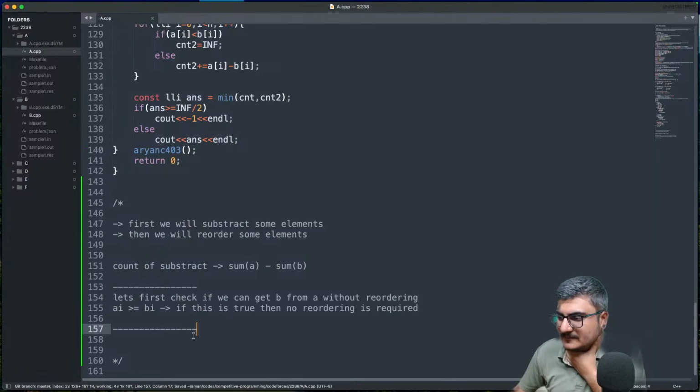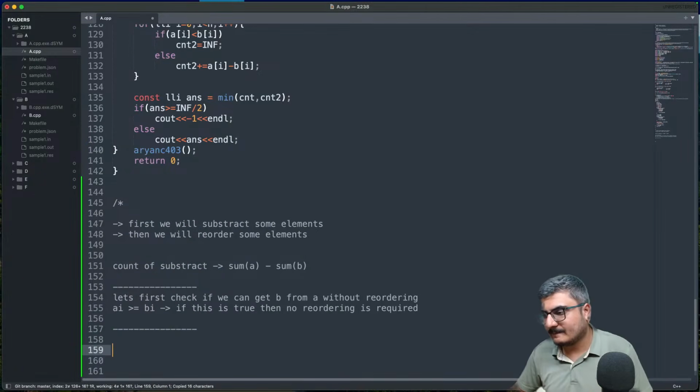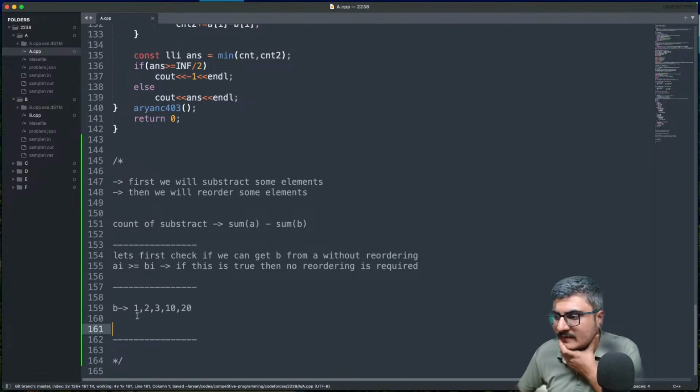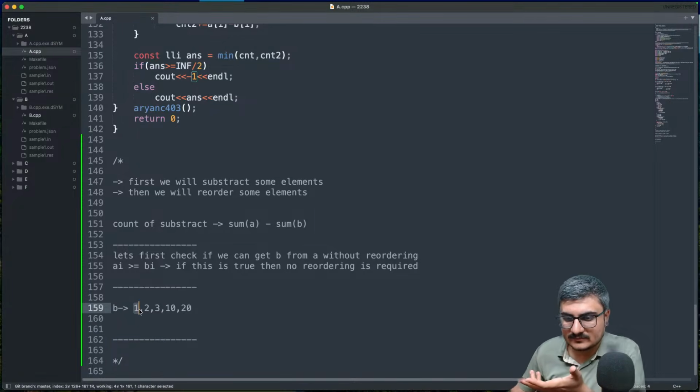Now what I am claiming is, let's say we have the array 1, 2, 3, 10, 20 as B. Then, for example, the number of A's that are more than some value: if we have a 20 here, then there should be at least one A which is more than 20.